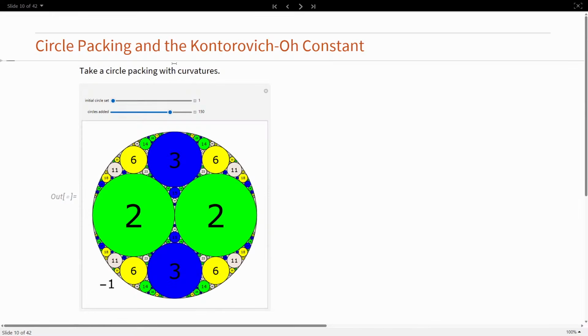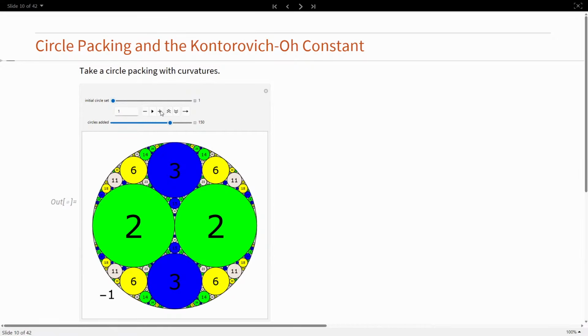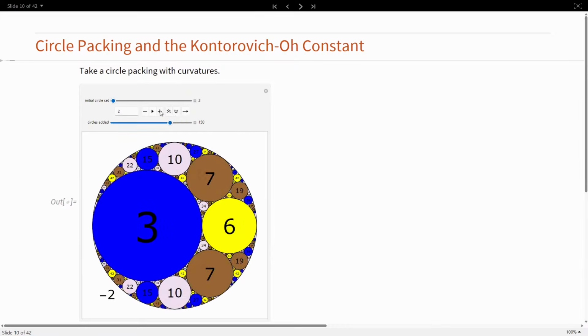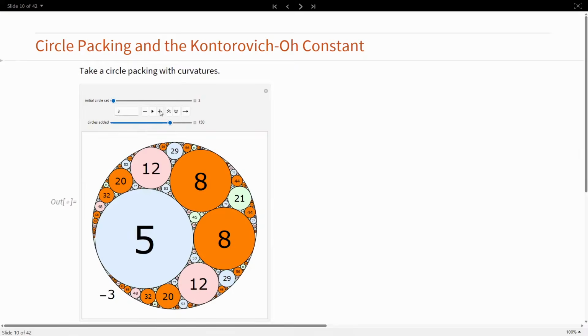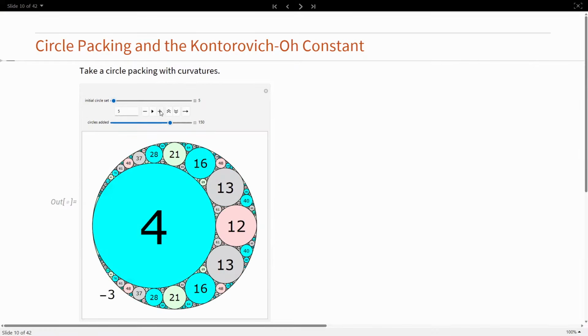So here's a different constant, the Kontorovich-Oh constant. So we start by taking a circle packing, and we've got a lot of them here. We basically take any of these circle packings.